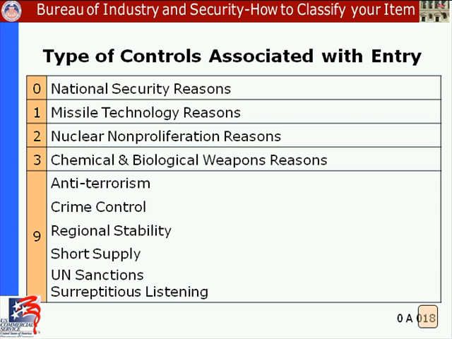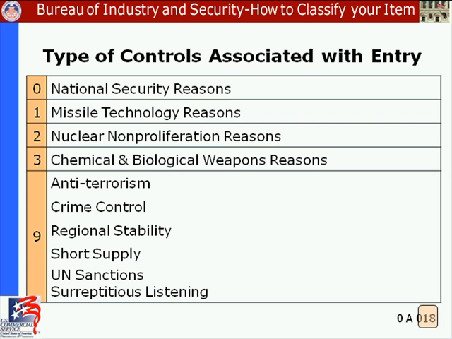The 980 numbers are for anti-terrorism reasons and crime control reasons, such as 0A984, shotguns, controlled for crime control reasons. And you also have short supply, like California Western Cedar, controlled under the 900 series.